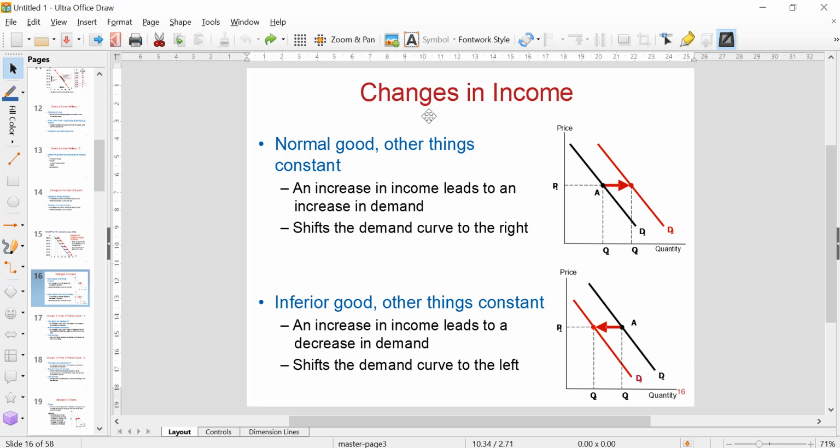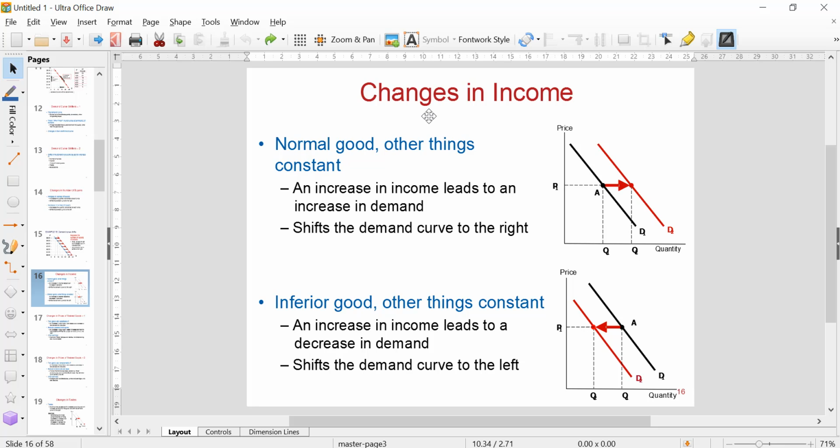And there are inferior goods as well, and income affects the demand for these inferior goods differently, holding other things constant. An increase in income leads to a decrease in demand, and there is a shift to the left of this demand curve. Such goods are, let's say, bus rides. When your income is low, you would usually ride on a bus or tube.